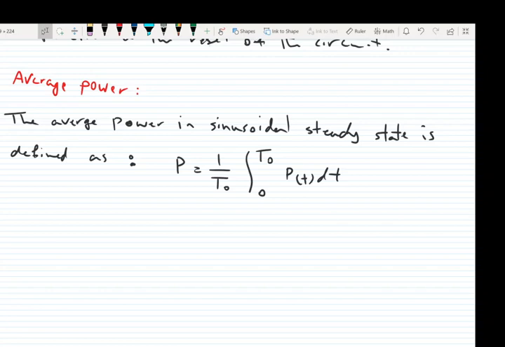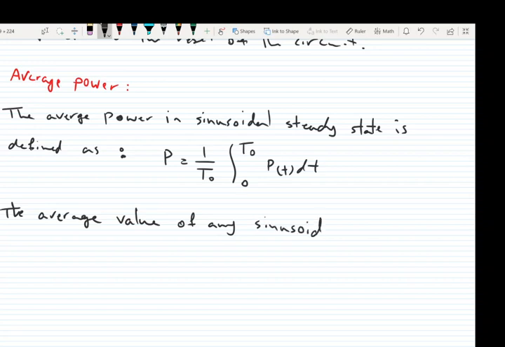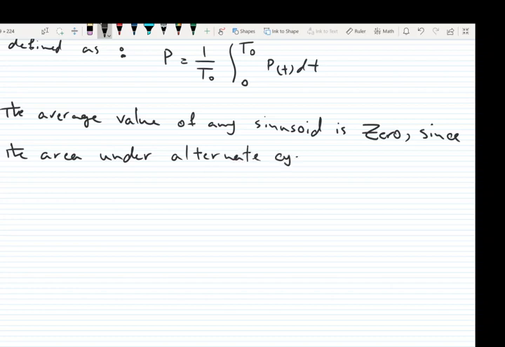So we can say the average value of any sinusoid is 0, since the area under alternate cycles cancel.